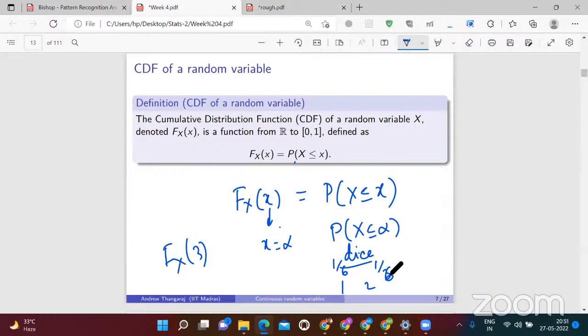In the continuous it's the same, but you have to integrate it. The PDF in the continuous case is not the probability value directly. It's the probability density value. Probability density means the probability upon some unit range or unit volume.